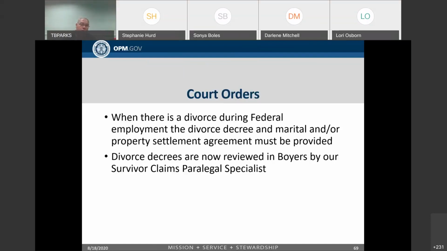So whenever we have a case that does have a divorce decree and a property settlement, first if we have that, we have a determination done by our paralegal. If not, then we request that information, and then we have our paralegal do that determination. Then the case comes back to the legal ad specialist, and we process as the paralegal advises us based upon the divorce decree and property settlement.